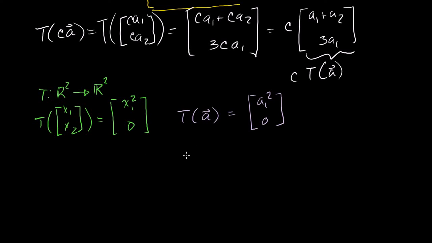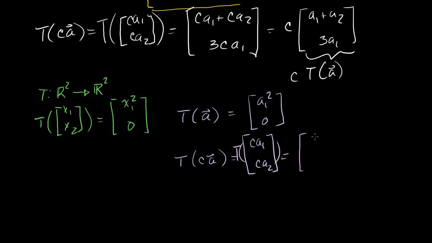Now, what would be my transformation if I took c times a? Well, c times a is the same thing as c times a1 and c times a2. And by our transformation definition, the transformation of this thing right here will be equal to a new vector in our codomain, where the first term is just the first term of our input squared.